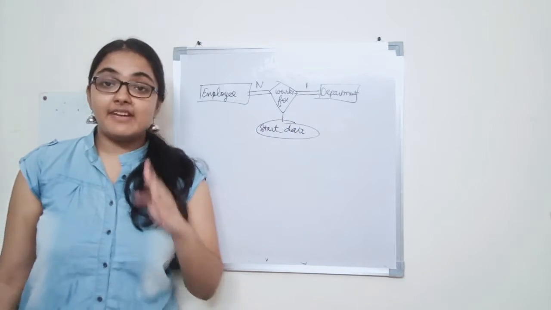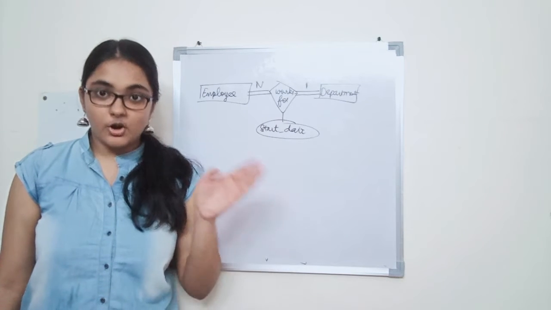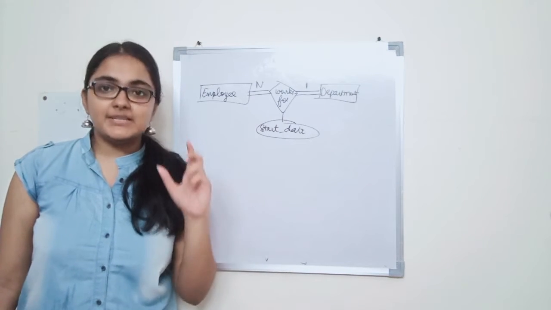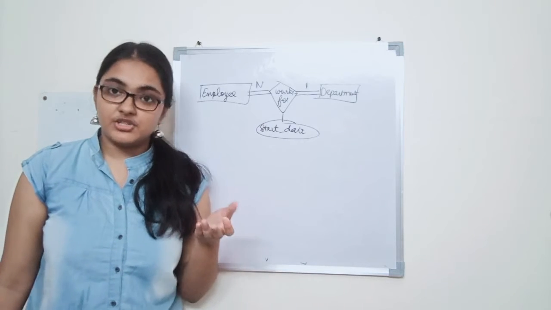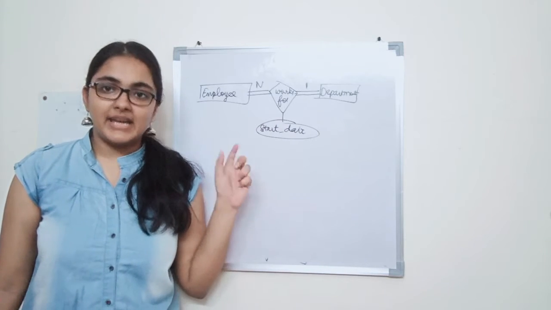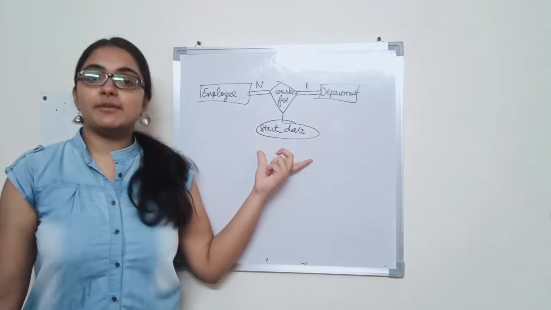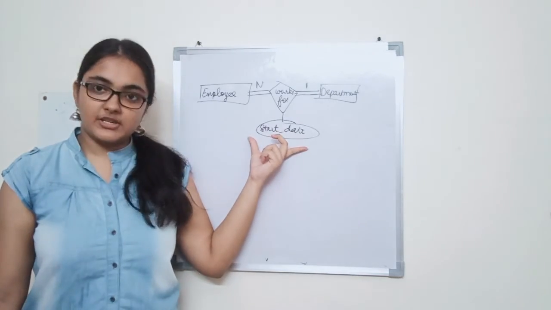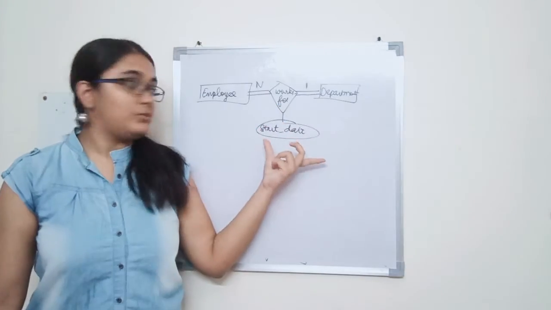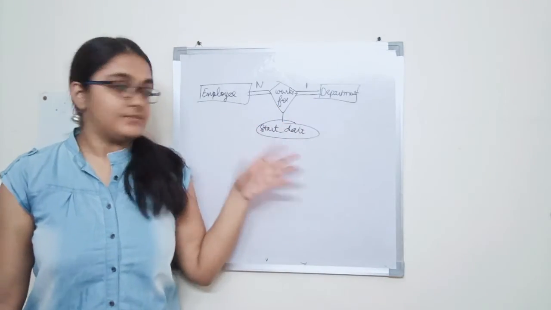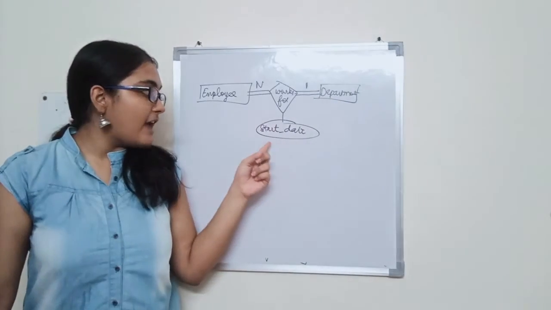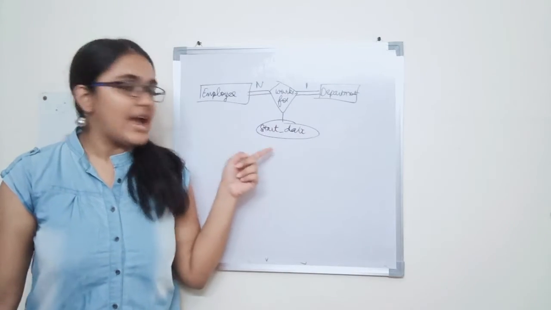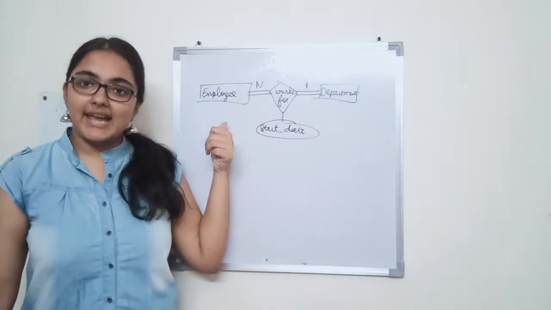Now whenever we have n:1 relationship or 1:1 relationship, it is possible to migrate the attribute of the relationship type to one of the participating entity types, which means we can migrate this attribute which is on the relationship type to one of the participating entity types. Now in case of n:1 relationship, we have to migrate only to the n side.